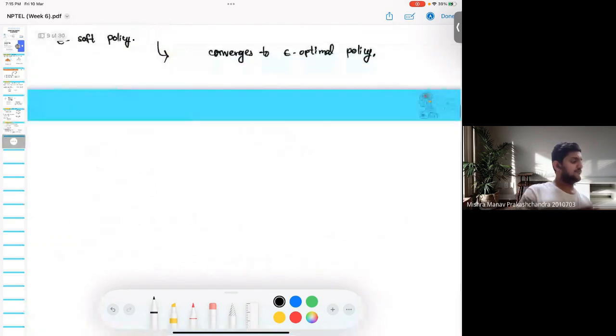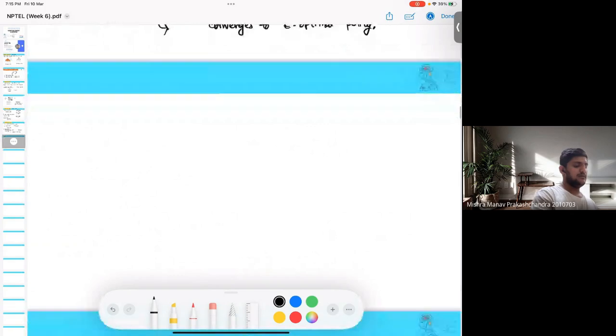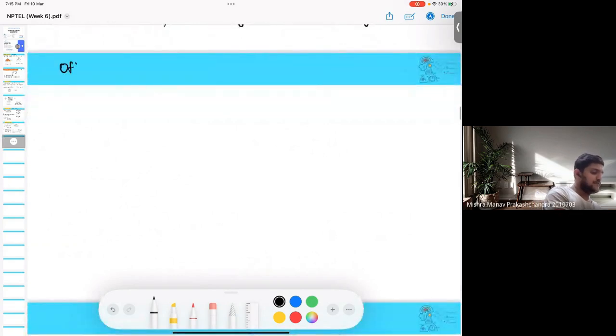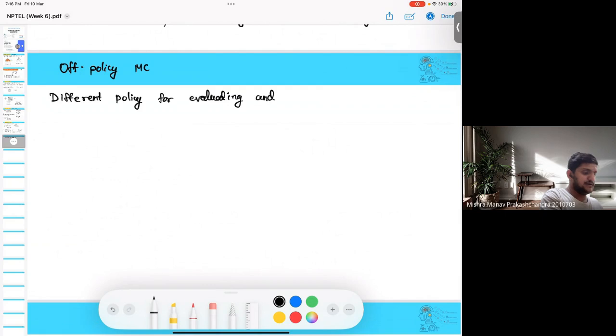is basically known as off policy Monte Carlo. Off policy Monte Carlo. Okay, you have a different policy for evaluating and behaving.